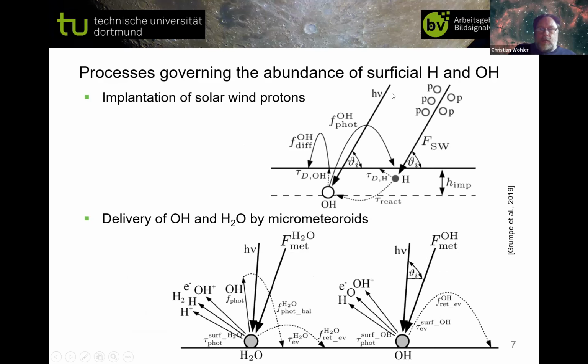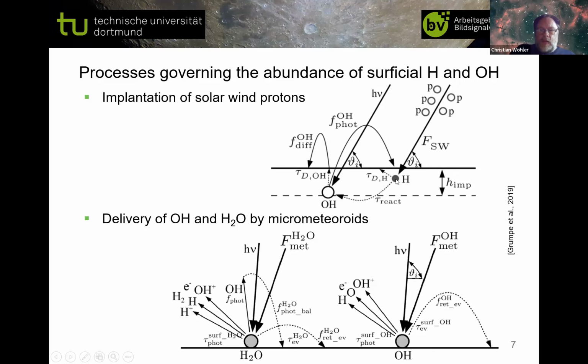So we tried to depict these processes here. Implantation of solar wind protons means we have protons here, and this is the flux of the solar wind. That is, we have hydrogen implanted into the surface, which may diffuse to the surface and evaporate. There is a characteristic implantation depth.